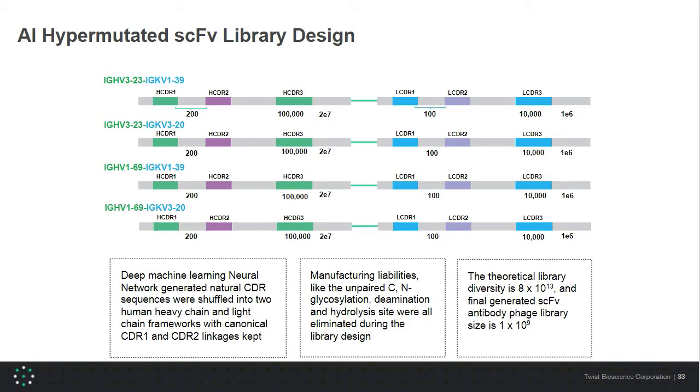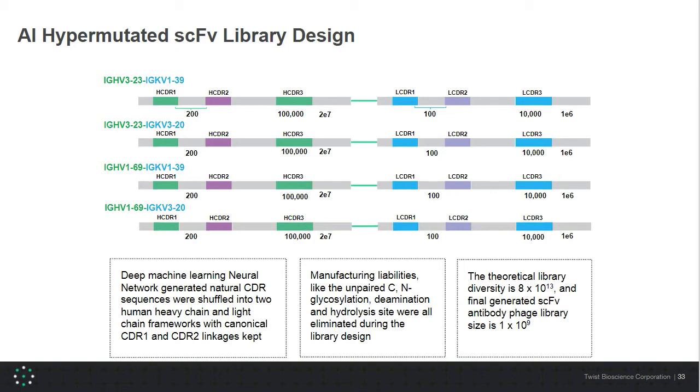Here we then use those oligo pools to build the 4 separate sub-libraries shown here, where we have either VH3-23 or VH1-69 paired with either VK1-39 or VK3-20. And so we pair those into these 4 different sub-libraries. Again, the theoretical diversity of all these libraries together is on the order of 10 to the 13th.